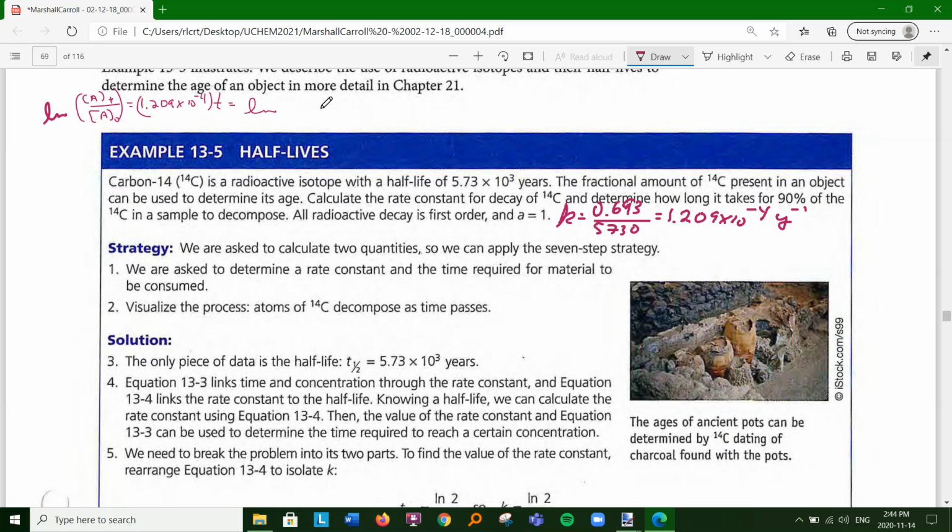Now, this is interesting. It says 90% decomposes. Well, if 90% decomposes, then 10% remains. So that's 10 out of 100. So that's the little trick there. Be careful if it says how much decomposes or how much remains. So here it said 90% decomposes, so 10% remains, so 10 out of 100 remains. So my quotient is 10 out of 100, or 0.1.